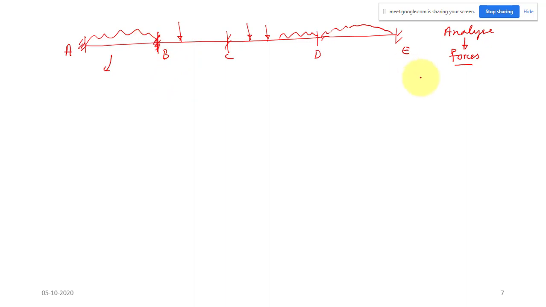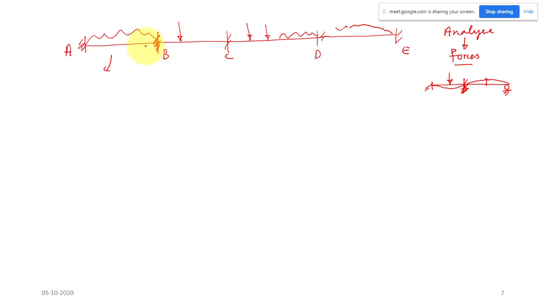But suppose in some question you have a roller or hinge support; then loading will have some effect on the other span, and that span also bends and deflects. This will not happen if you make the joint fixed. Then no load is transferred from this span to that span; the load is transferred completely to this support only.